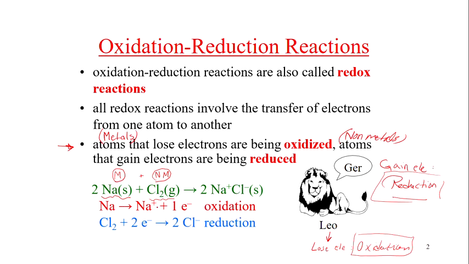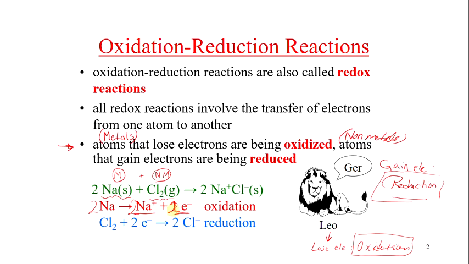Sodium loses electrons. Whenever we lose electron, we make a positive ion. Sodium loses electron, it makes positive ion. So losing electron and making positive ion. Cl2 gains electrons and makes an ion. Since this reaction should be balanced, I am going to write 2Na here, 2Na here, so 2 electrons here.